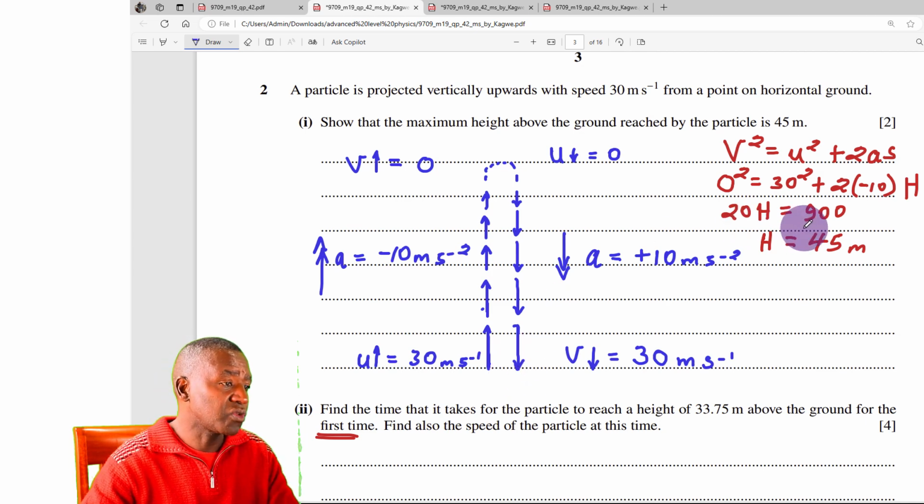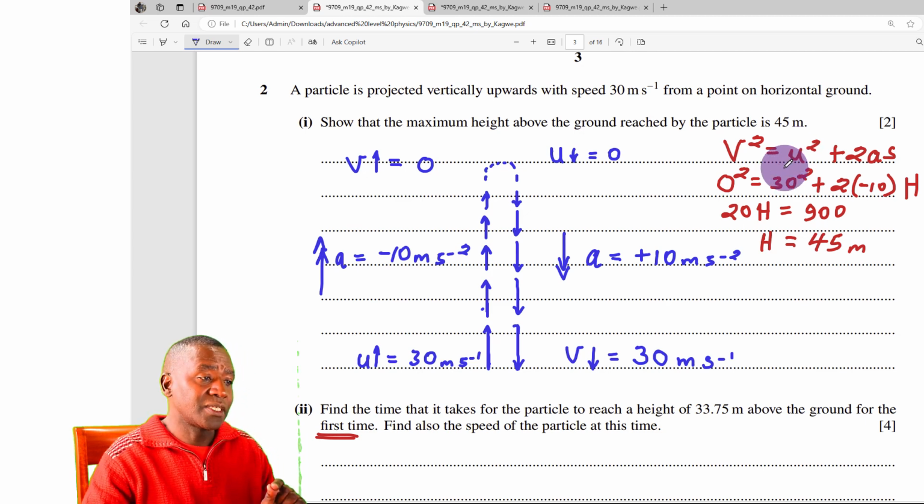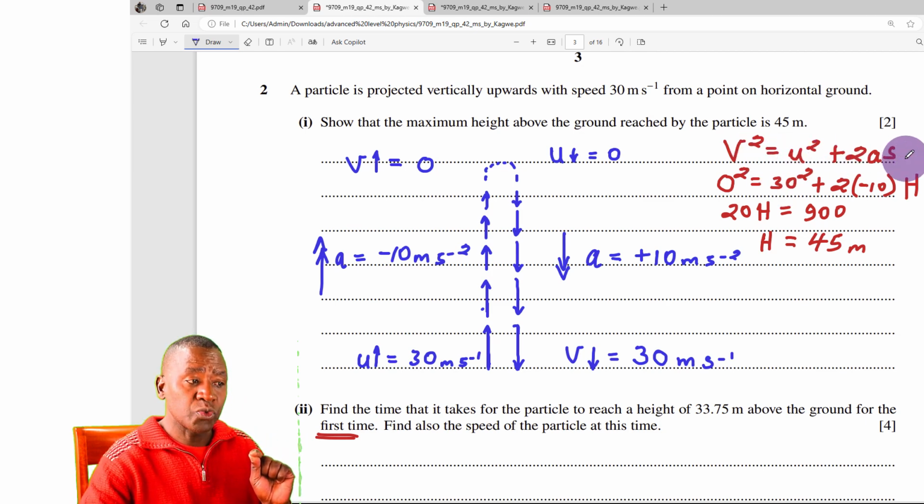And of course, in this question, time is not a requirement. So we choose an equation which does not have t, and this is the third equation of uniformly accelerated motion. And when we look at upwards motion, v squared is going to be equal to u squared plus 2as.